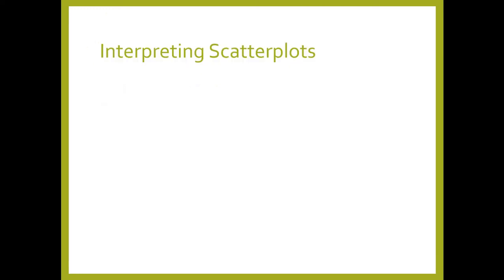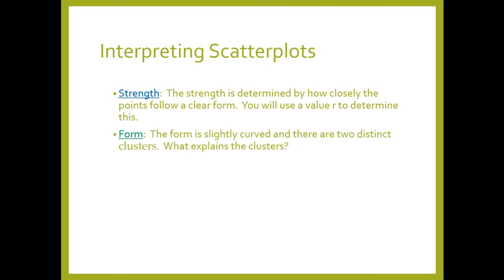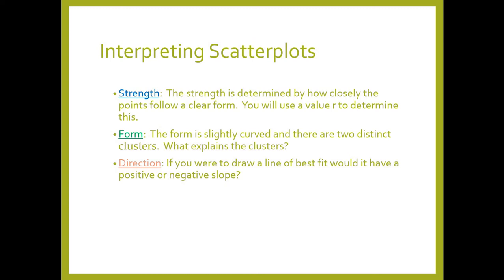So interpreting the scatter plot. Now in Chapter 1, we did SOCS, shape, outlier, center, spread. And in this chapter, we're going to do strength, form, and direction. So the strength we're going to get from the R value. So even though we might not know yet if we want to run a linear regression on this, you can run one and see what the R value is, and that'll help you figure out how strong your relationship is.